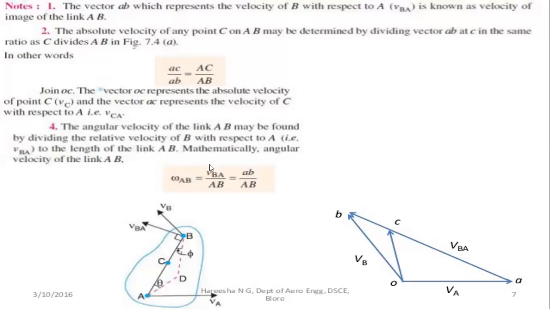Mathematically, the angular velocity omega of AB is taken as velocity of BA by AB, that is also equal to vector AB by capital AB, the absolute velocity of AB.